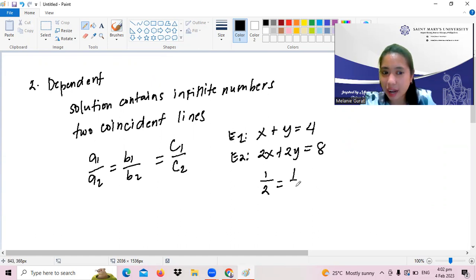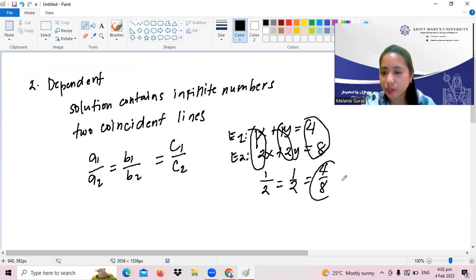Again, b sub 1 over b sub 2. This is of course 1 and 1. This is 1/2, 1/2, and 4/8. And 4/8 is also, of course, the same as 1/2.